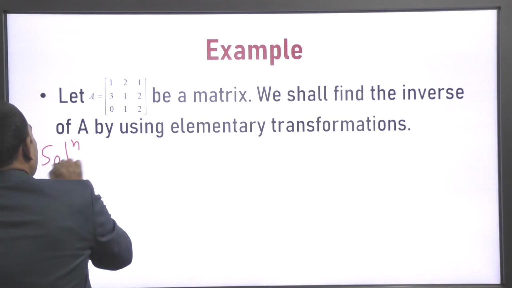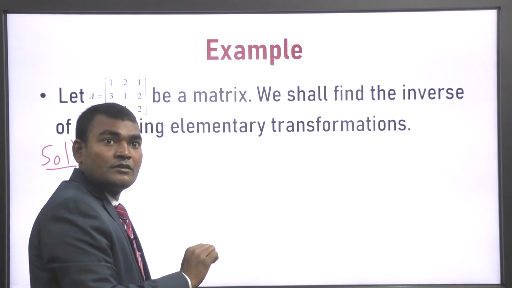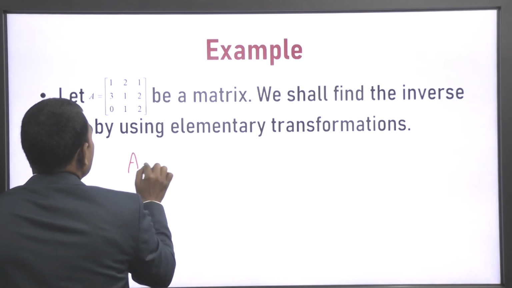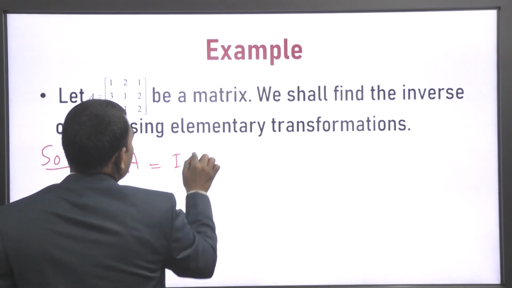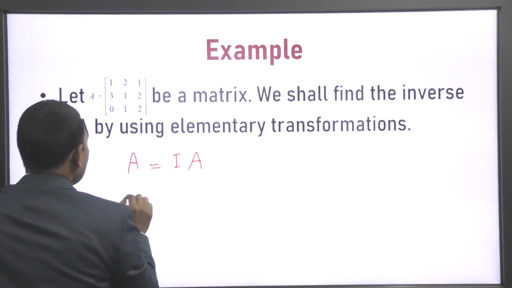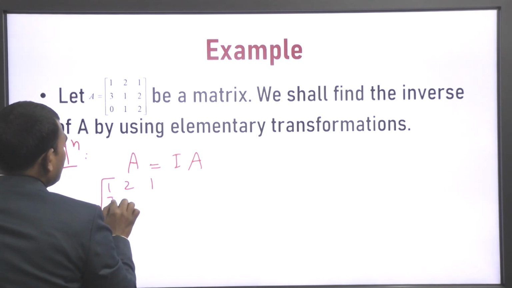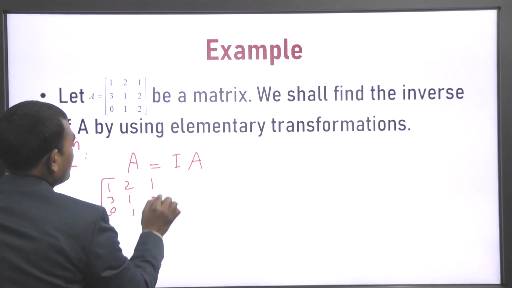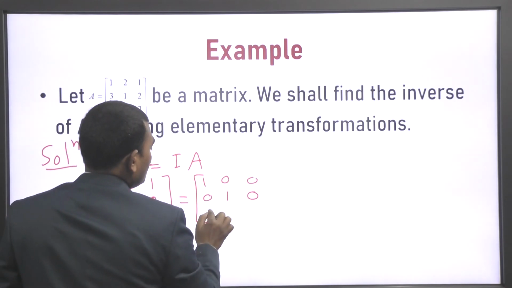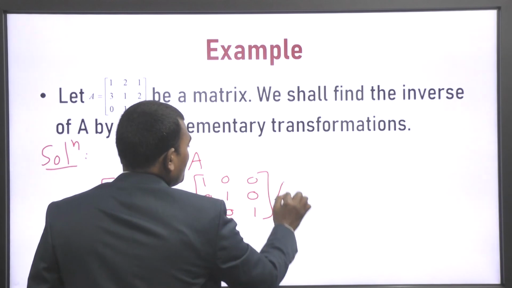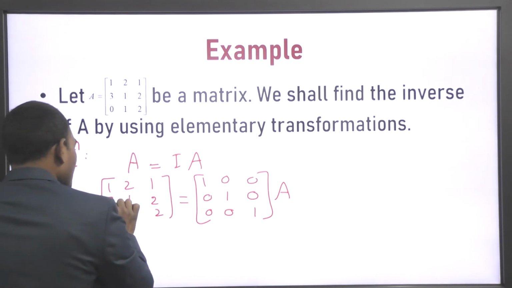Then the solution: A is given, so A = IA. On the left we write the matrix 1 2 1, 3 1 2, 0 1 2, and on the right hand side I, which is 1 0 0, 0 1 0, 0 0 1, and you put A as usual.